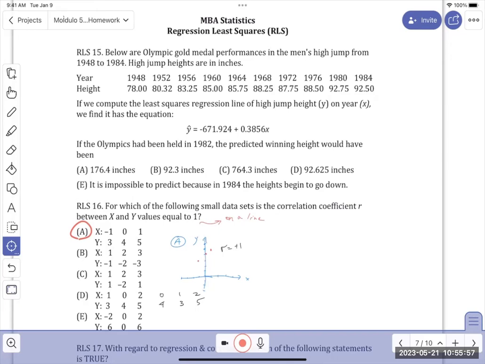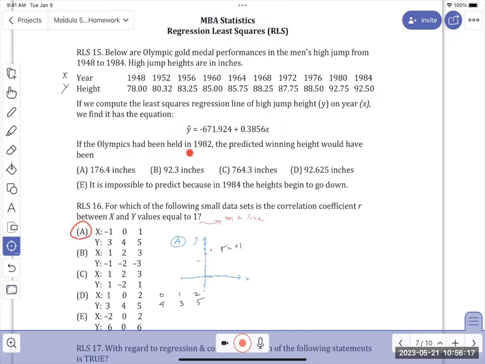What's X and what's Y? X is the year, right, and Y is the height. And this is the line that was estimated with the data. You could estimate it too, putting that in your calculator.